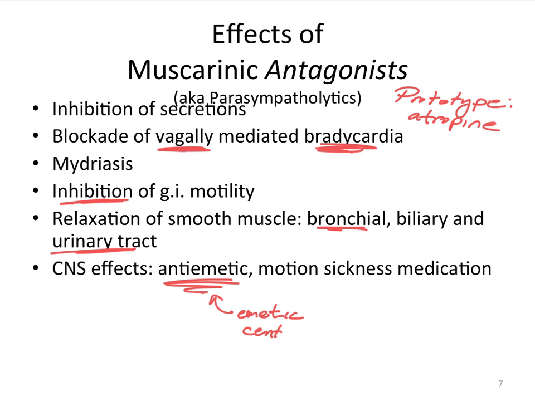And they also are involved with the vestibular apparatus and its transmission. And actually many of the drugs that we will learn are antihistamines really have side effects that overlap, being antimuscarinic, and that's the reason why they are particularly good at managing motion sickness.